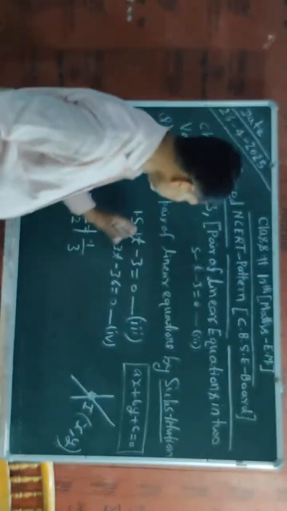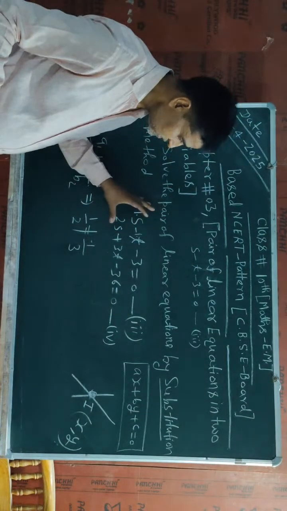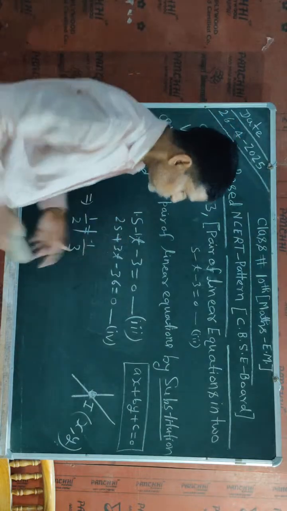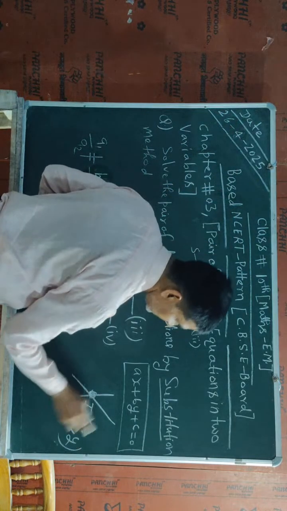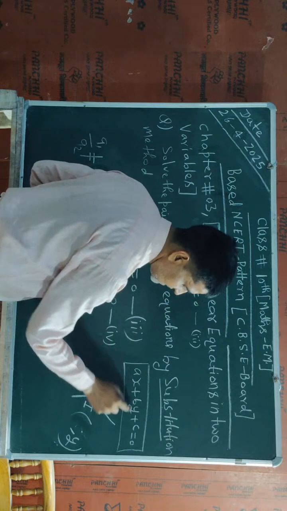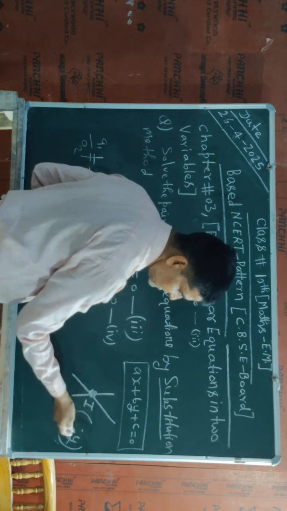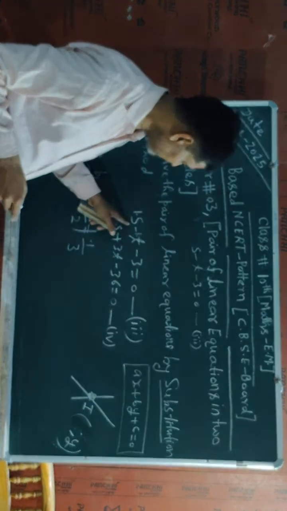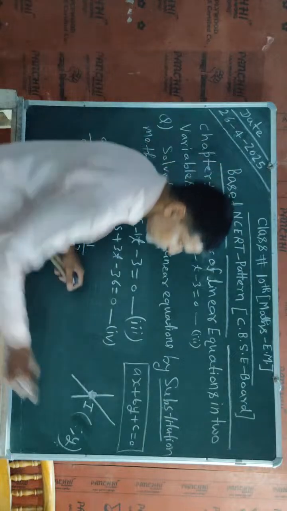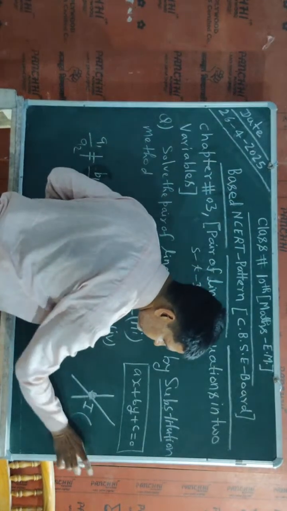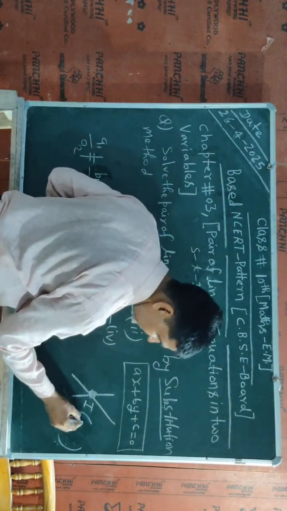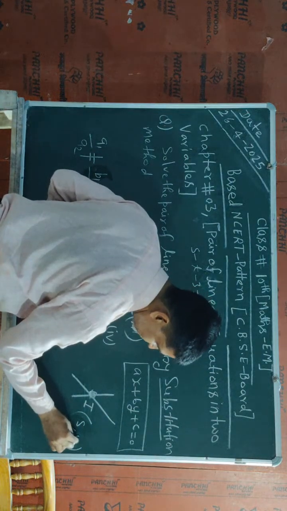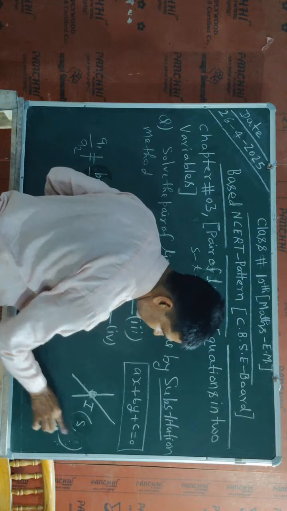So in the case of this equation, the variable is s and the other variable is t. In this equation the variables are x and y, so I have written x comma y, but here the variables are s and t. So in the place of x I will write s, and in the place of y I will write t.